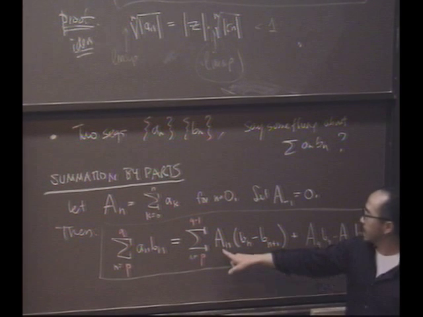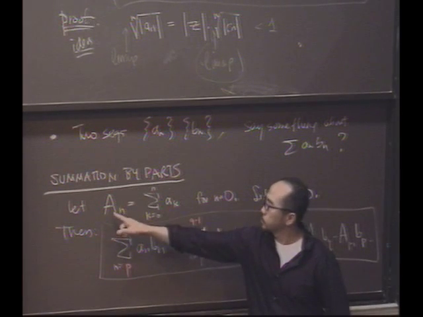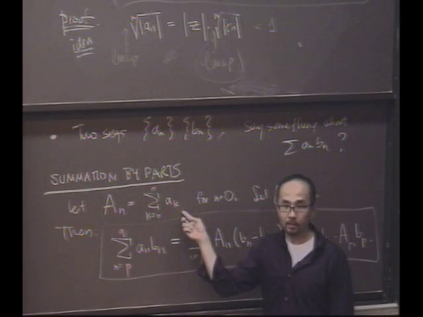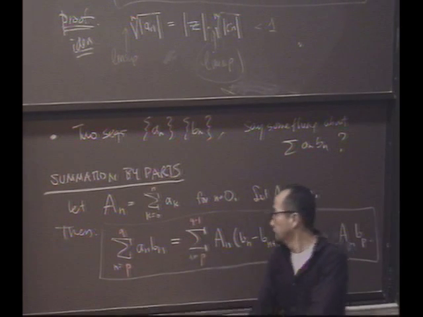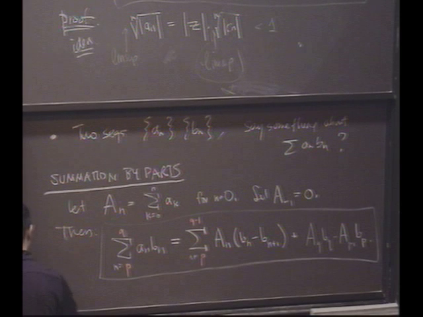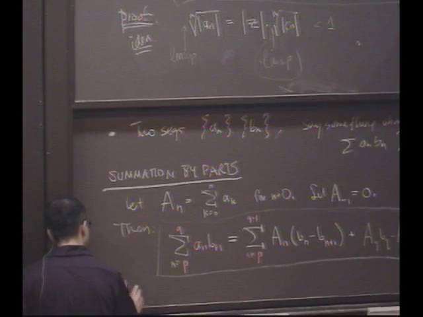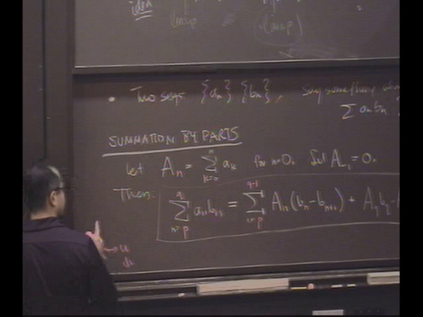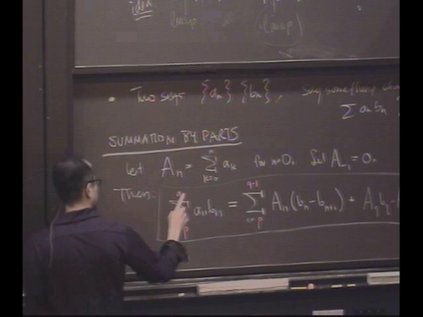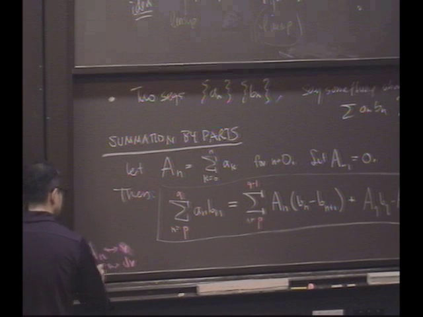Big A is playing the role of v. If you let big A be the partial sums, then the change in big A is little a at every step. So big A is kind of like v, and then dv is like little a.